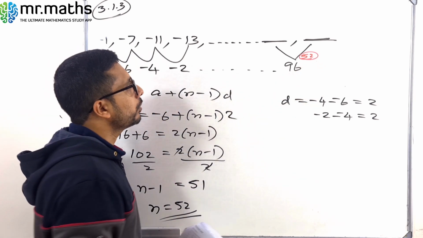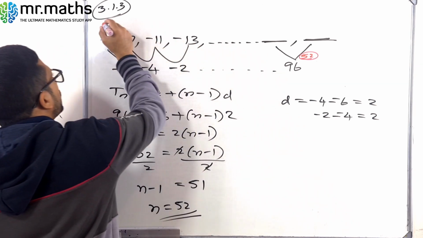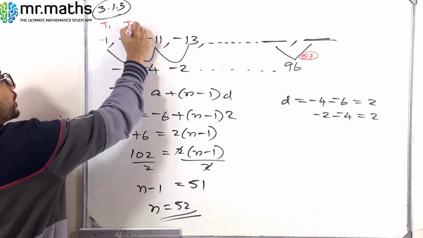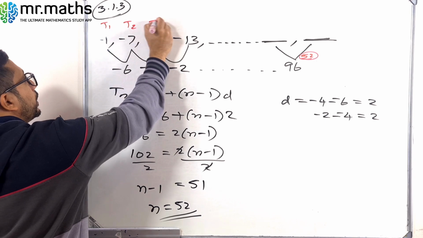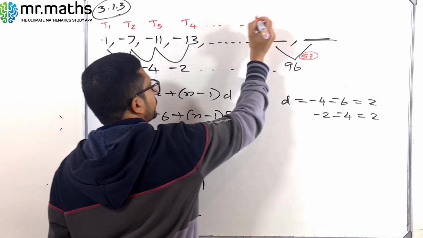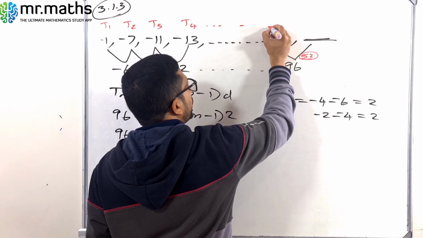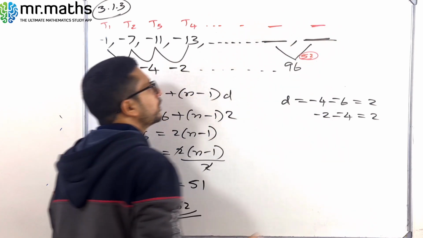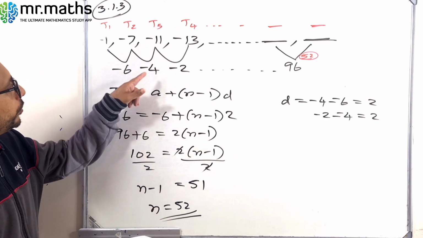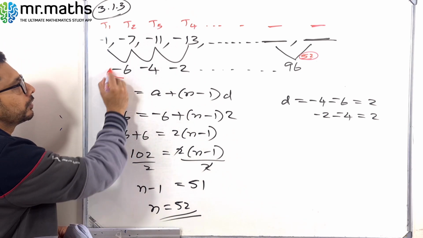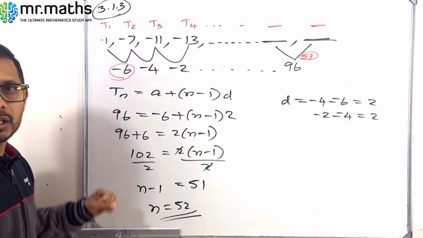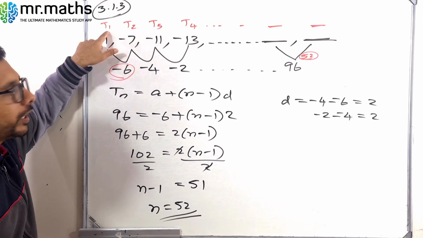So now look at the given sequence. This is the first term, second term, third term, fourth term, etc. Which two terms are here? How can you find it? To get the first difference, which two terms do you have to subtract? T2 minus T1.